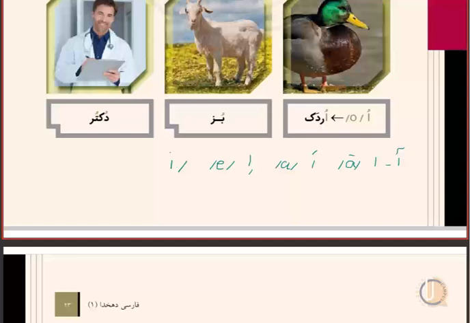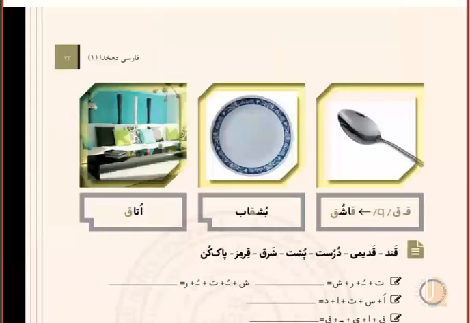And now with this symbol above it, you can have O sound, as in ordak, that is duck. Or it sits above other letters to make O, as in boz, goat. Doktor, doctor. So let's repeat again. Ordak, boz, doktor.